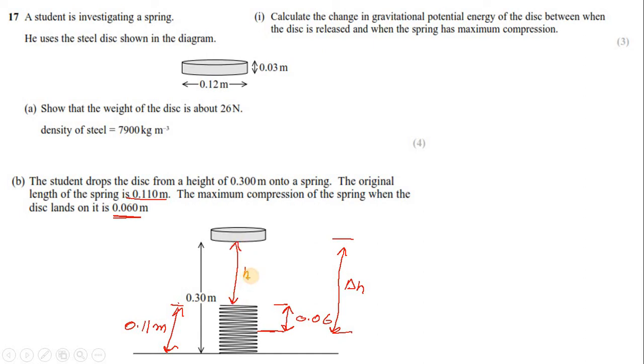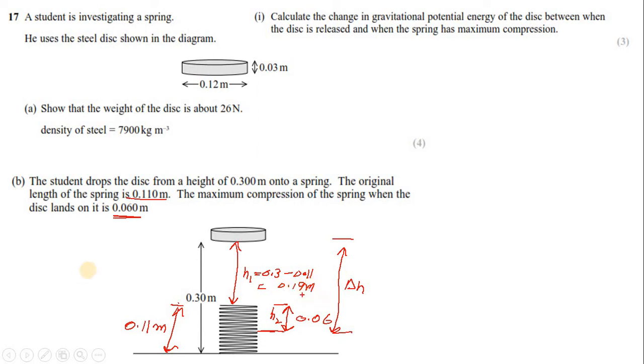Let's call them H1 and H2. So H1 plus H2 will give us this delta H. And this H1 is 0.3 minus 0.11, which is 0.19 meter.